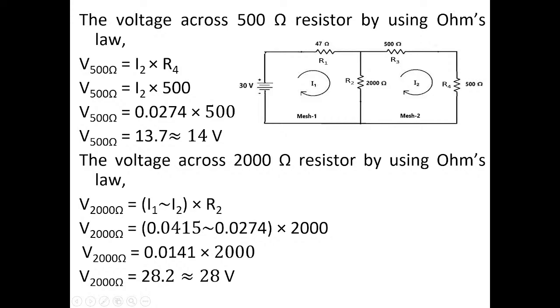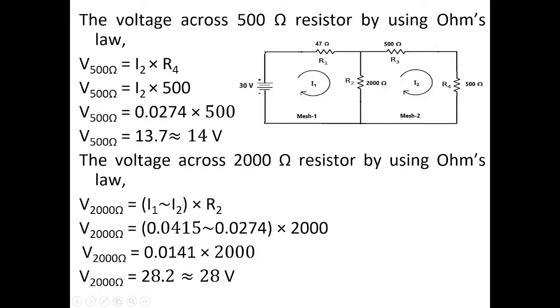I have just copied it, because it is the same. So the voltage across 500 ohms is I2 into R4, which is 0.0274 into 500. The voltage across R4 is 13.7 volts, approximately 14 volts.